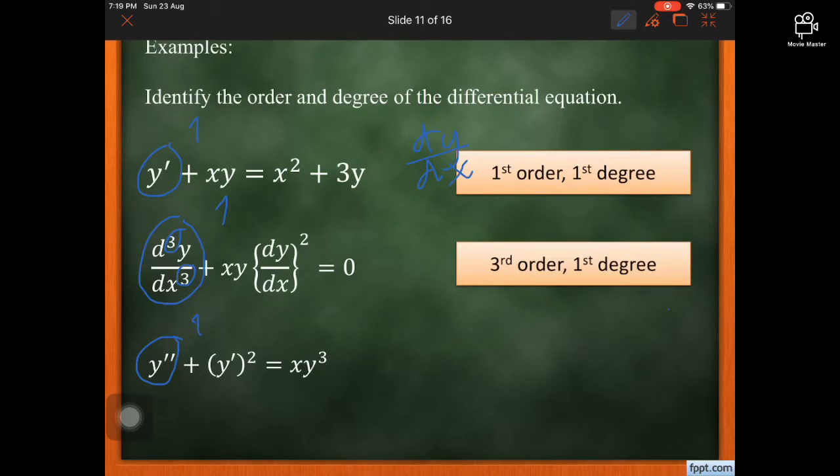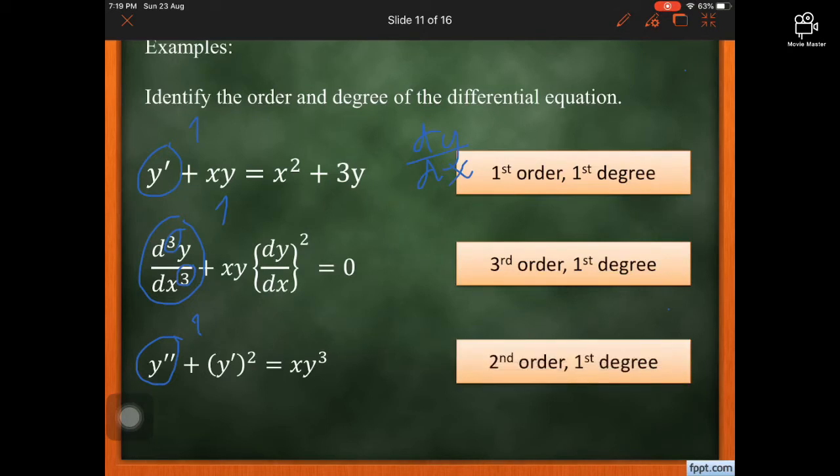So that is equivalent to second order, first degree. So, the answer is second order, first degree. For further information, the degree I'm talking about is the power, the power to which your derivative is raised.